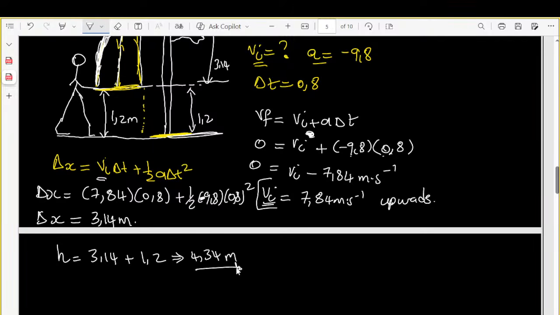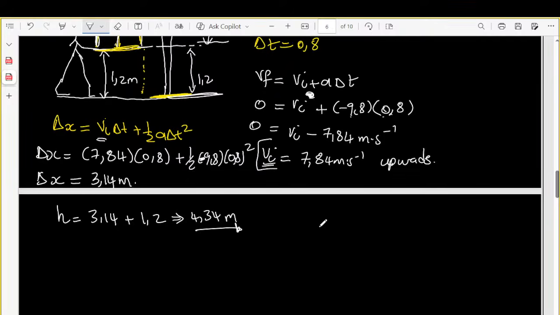So the 4.3 meters is the height of the flag. Are you happy with that?